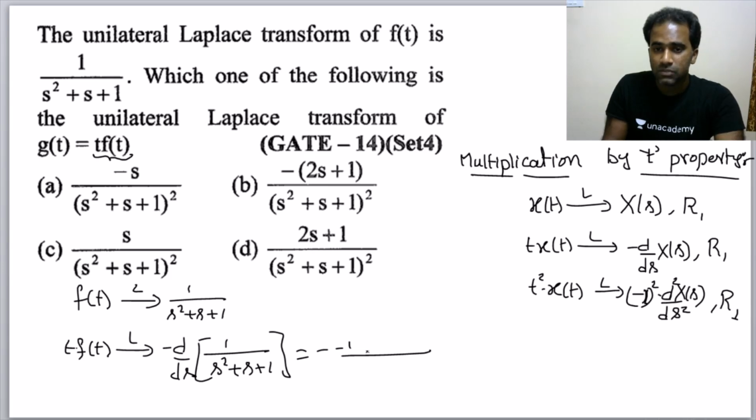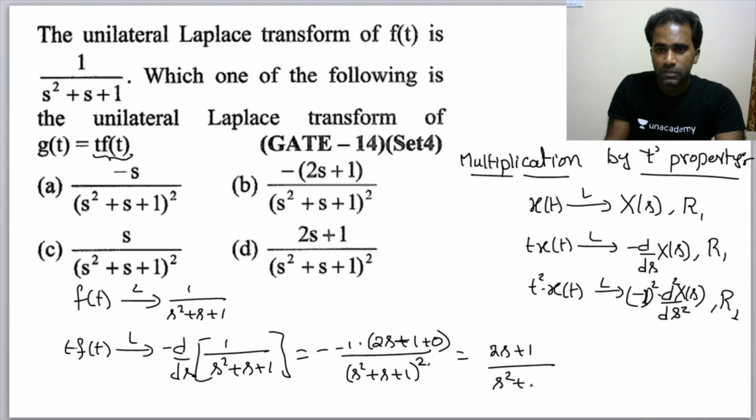So it is minus 1 divided by s square plus s plus 1 whole square into differentiation of the inside part, which is 2s plus 1 plus 0. So this minus and this minus becomes a plus. So it is 2s plus 1 divided by s square plus s plus 1 whole square. So this is the answer.